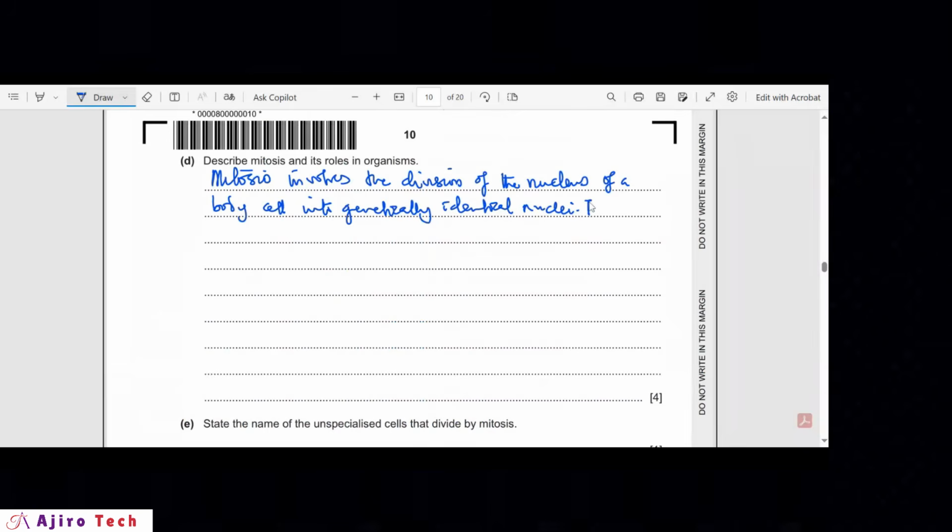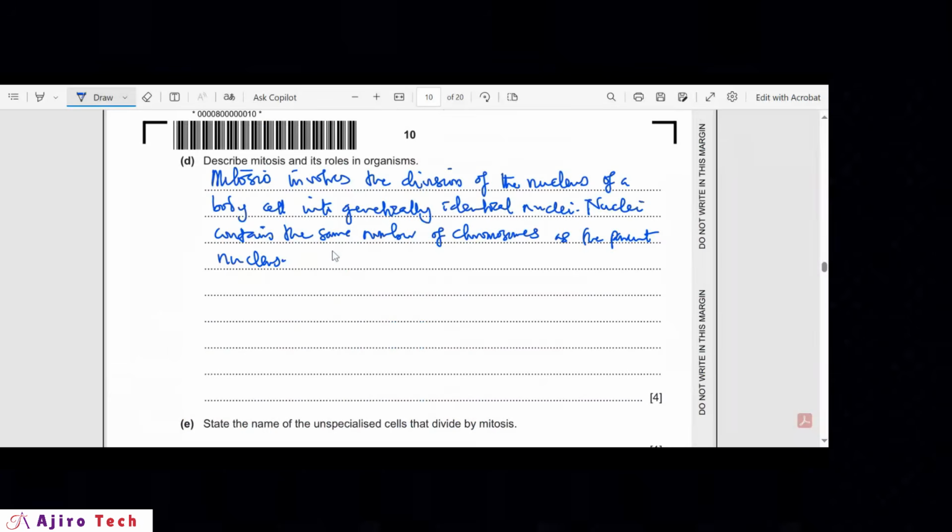Right, so we can say the nuclei contain the same number of chromosomes as the parent nucleus.